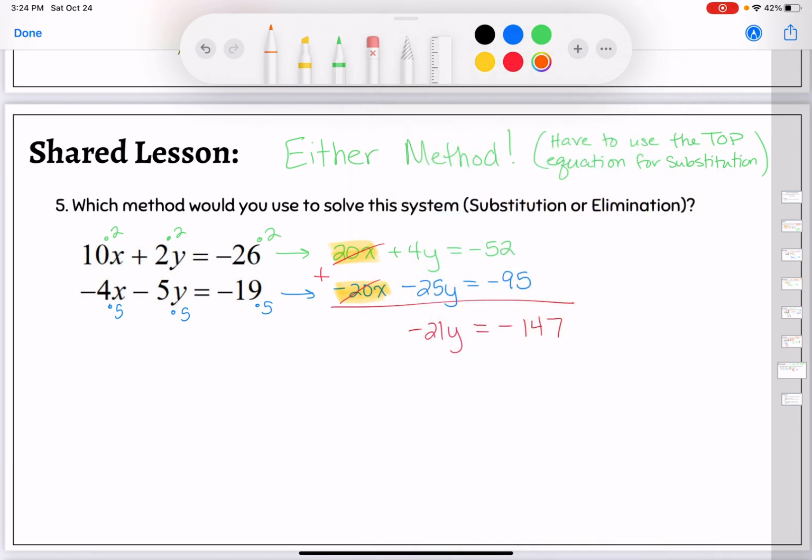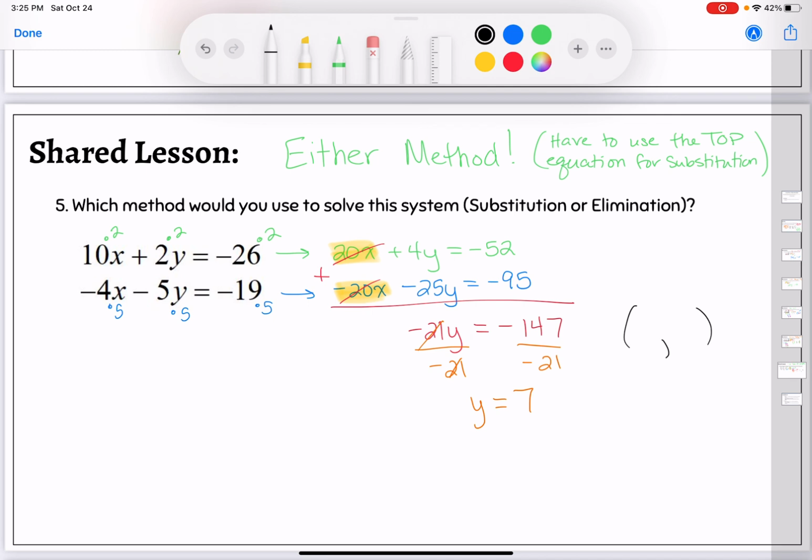And now I have to divide both sides by negative 21. And I get y equals, two negatives make a positive, 147 divided by 21 is 7. So I get y equals 7.